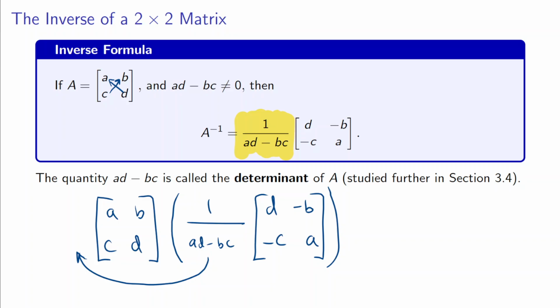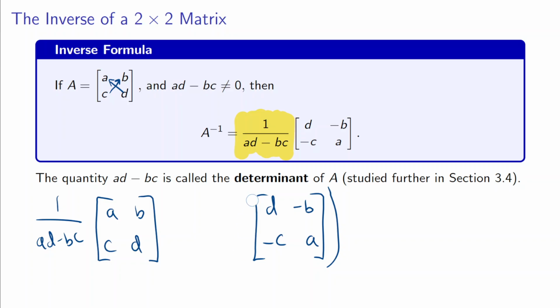So maybe I'll rewrite that. Let's put the 1 over ad minus bc out front, and then just directly multiply those 2 by 2 matrices, and then we can scale them by that 1 over ad minus bc, and hopefully we'll see the result is exactly the identity matrix.